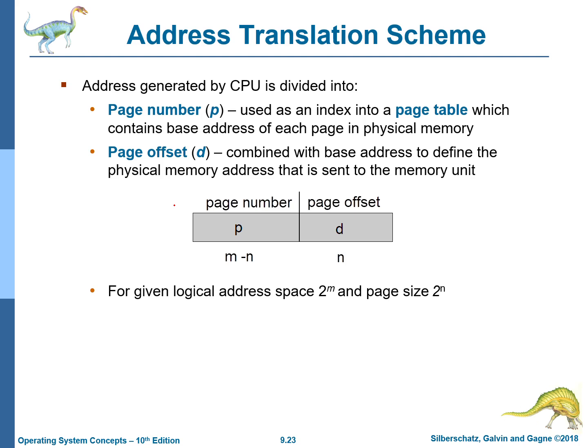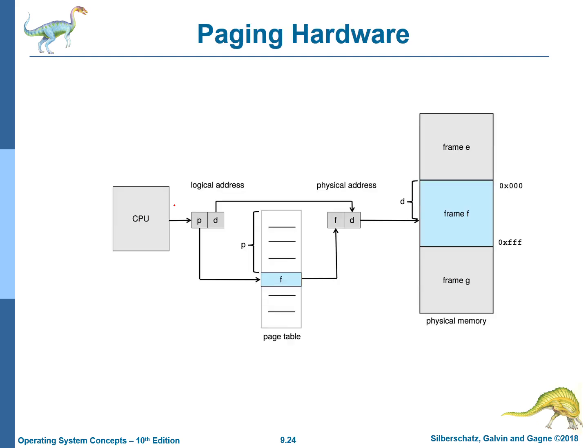Here is an example, in which I will show you how paging works. We have a page number and we have an offset here. This is the page number, and this is the offset.